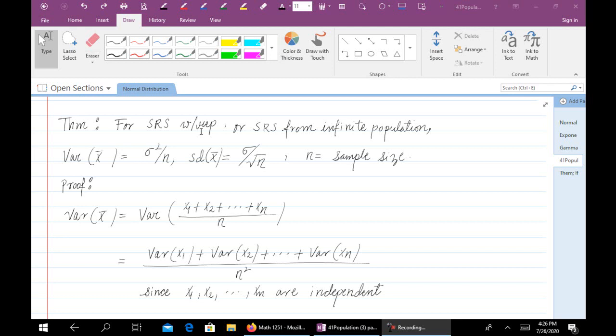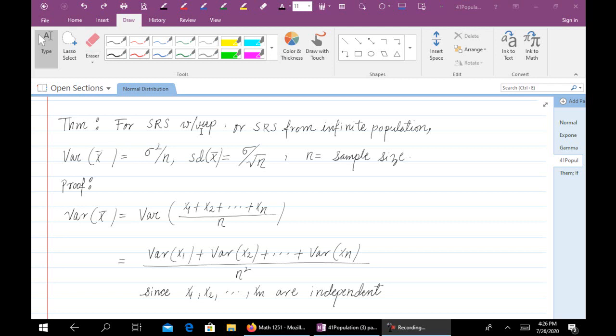If you pick a male randomly to observe his height, then in the second observation, the person that you picked in the first observation may also be picked again, and so on. So that's with replacement.